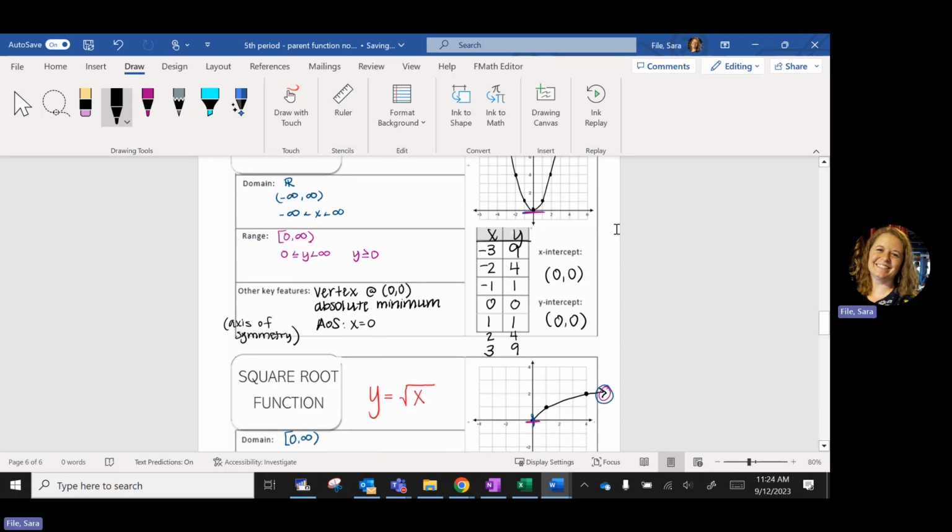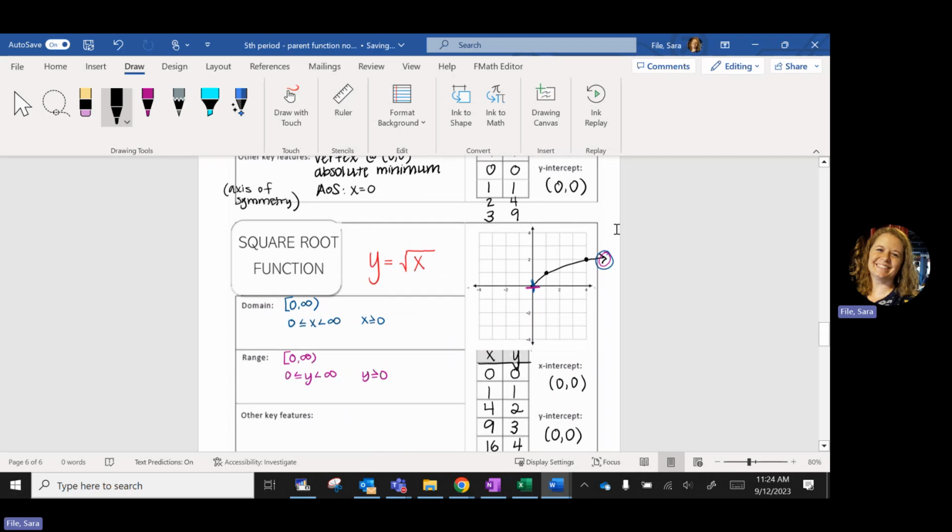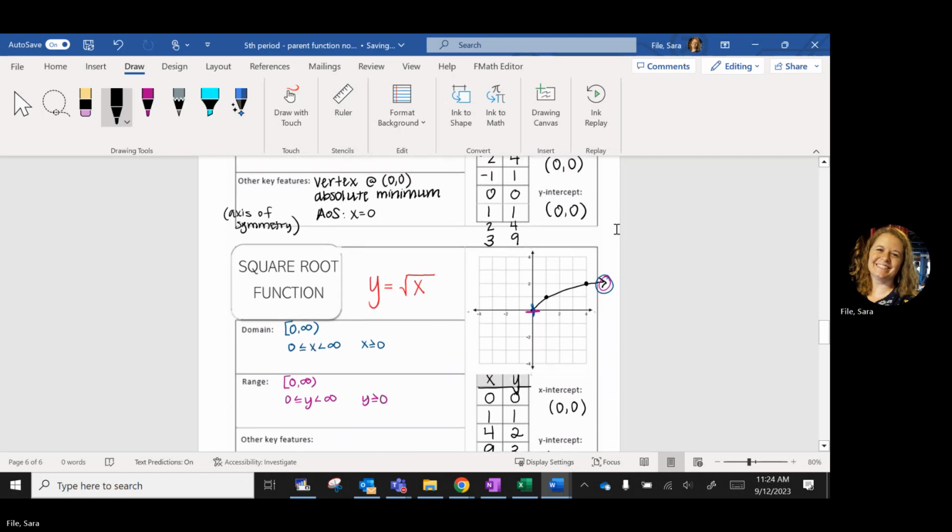Now, does the square root function have any of those same attributes or features? What do y'all think? Is there a change in direction here? Does the graph ever change from decreasing to increasing or increasing to decreasing? No, if I trace it, it's always increasing. So there's no vertex. There's no asymptote.